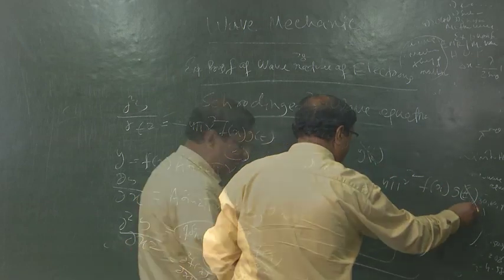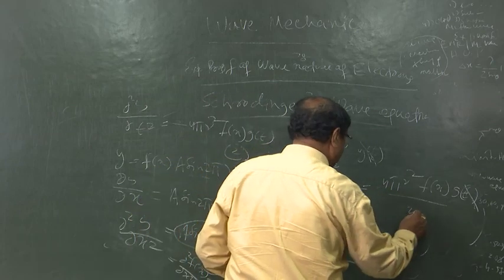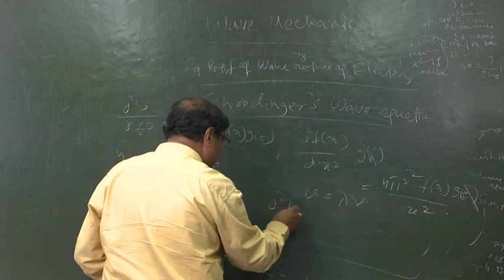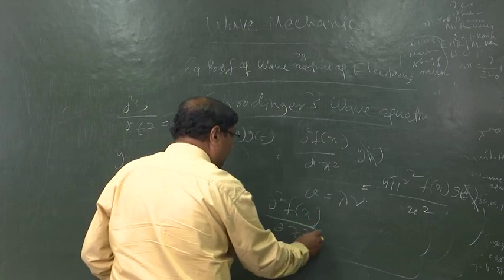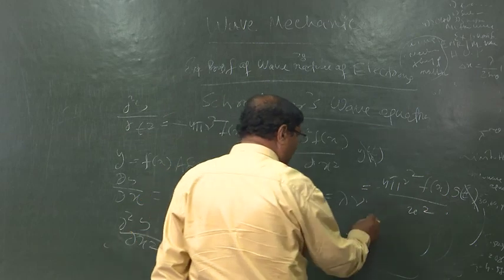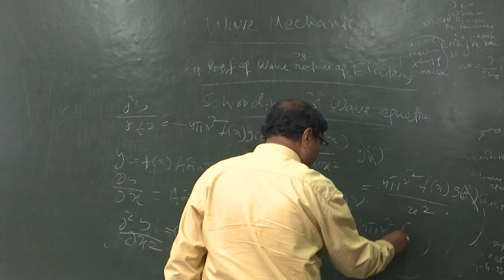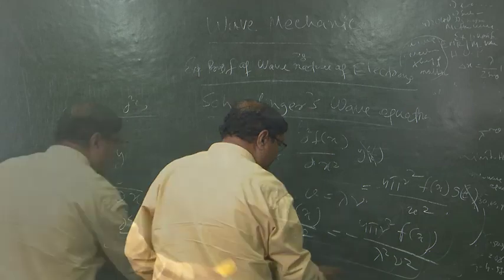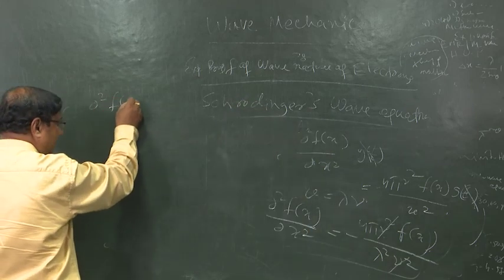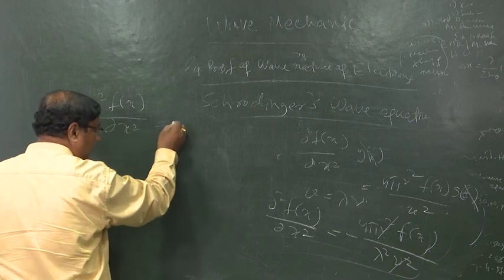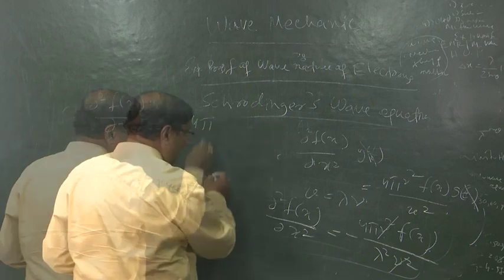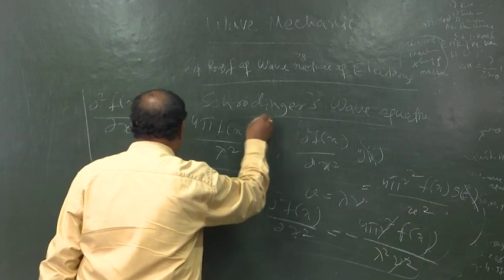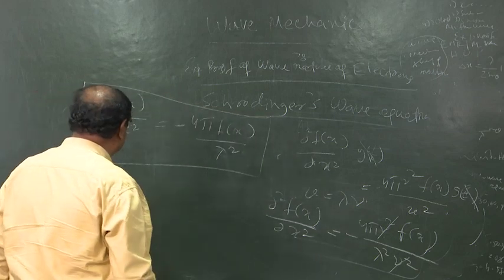So g(t) cancels, and what is left is v². So put v = λμ. So d²f(x)/dx² is equal to minus 4π²μ² f(x) divided by λ²μ². So μ² is cancelled. What is left is d²f(x)/dx² equal to minus 4π² f(x) by λ². Now this is the Schrodinger equation for one component, one direction along the x-axis.